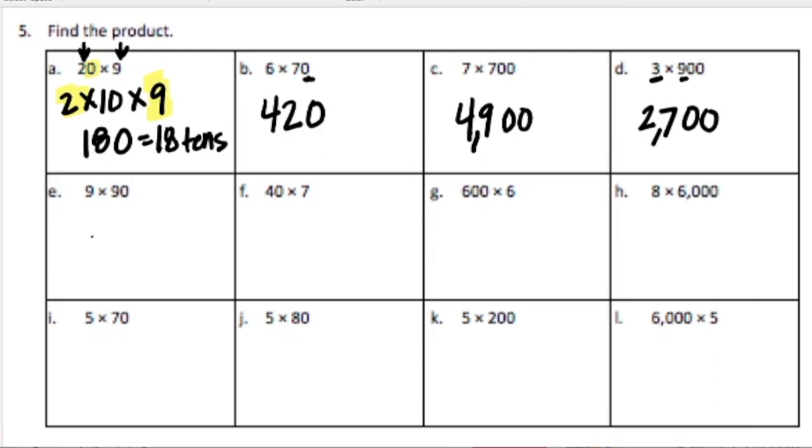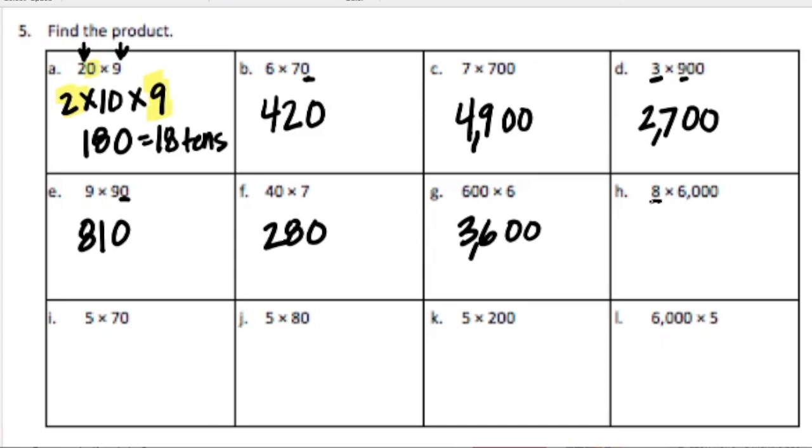Next up, 9 times 9, that's 81 with that 1 0, 810. F, 40 times 70. 4 times 7, that's 28, and the 1 0, 280. G, 6 times 6, that's 36. 600, that would be 36 hundreds, or 3,600.